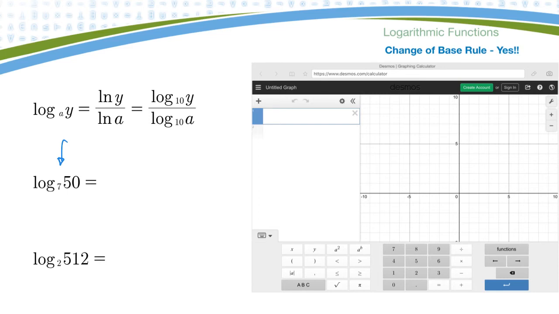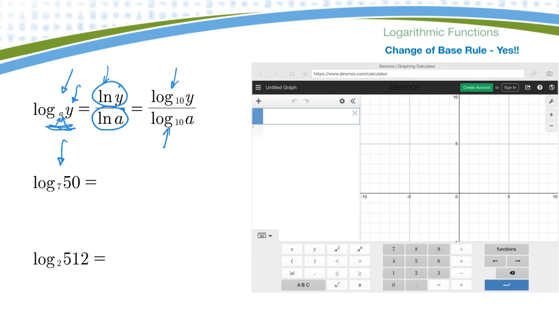And what it says is, if you have to take the log of something where A isn't a 10 or an E, what you can do is just take the logarithm of any base you want, and we'd pick 10 or E, of Y, and divide it by the log of that same base of A. So in this one here, I could just say ln of Y divided by the ln of A, and that's going to come out to the same thing as this. But I don't have to use ln. I could use log base 10 of Y divided by log base 10 of A.